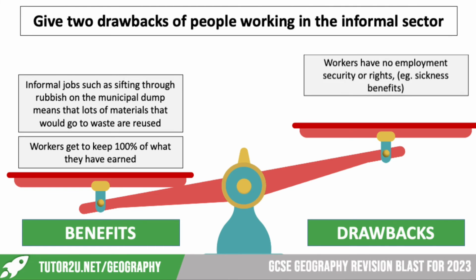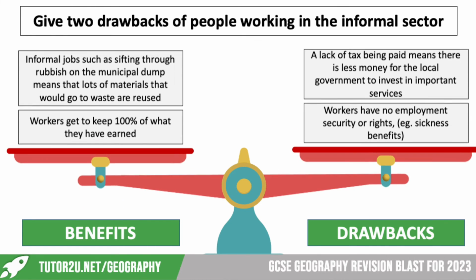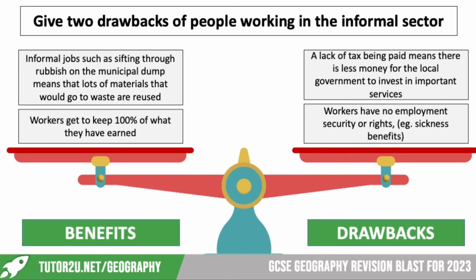Let's reveal the answers. So firstly, workers have no employment security or rights. For example, they have no sickness benefits. In terms of that lack of security, they might not know whether they're going to go to work that day or not.